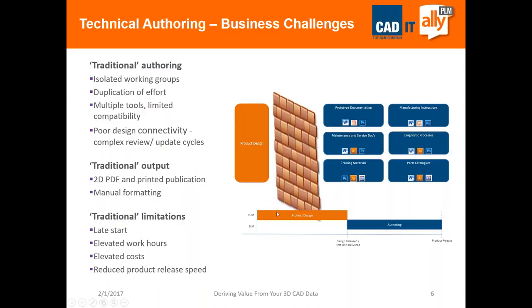Maybe it's a serial process to pass one thing from one area into the other, and you're creating 2D printed PDF kind of output. Requires a lot of formatting, and that brings in some pressure into the technical documentation area. Often, getting documentation out can be the thing that holds up shipping the product to the customer. It delays you getting paid, puts a lot of pressure on people to get things done.